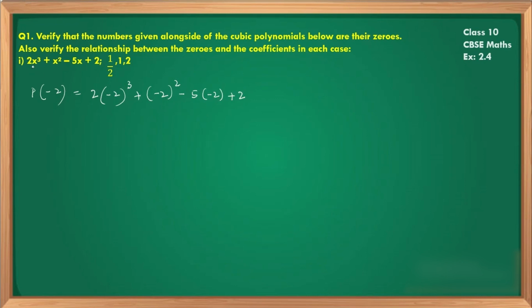Wherever we have x in this polynomial, we have put minus 2, which is one of the zeros. Now this will be equal to 2 into minus 2 into minus 2 into minus 2.